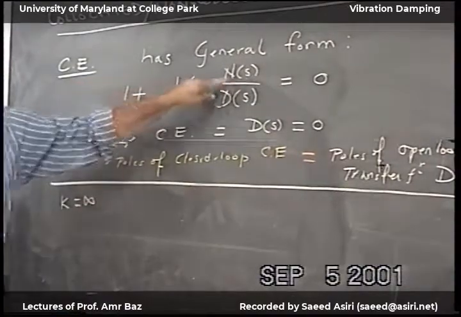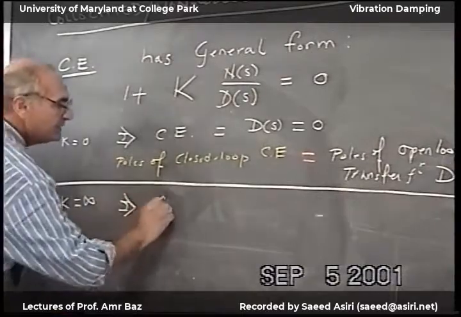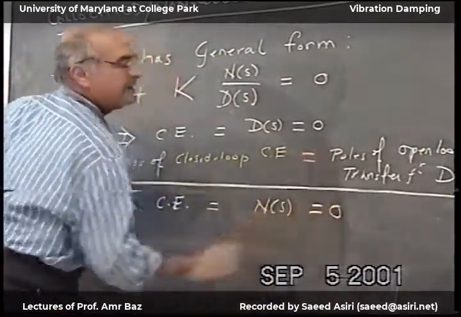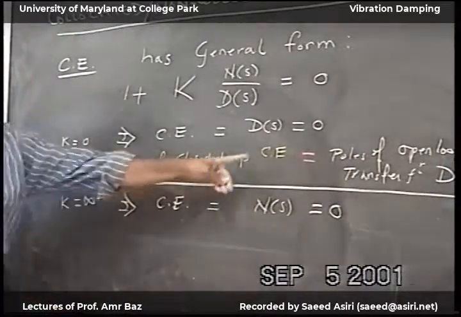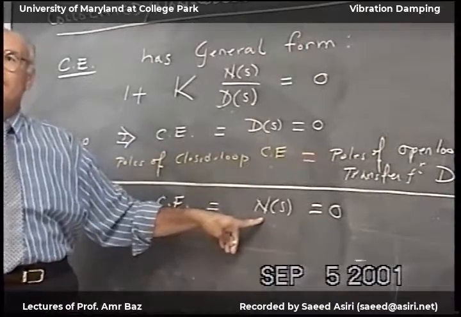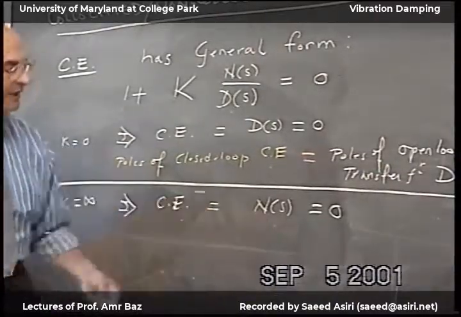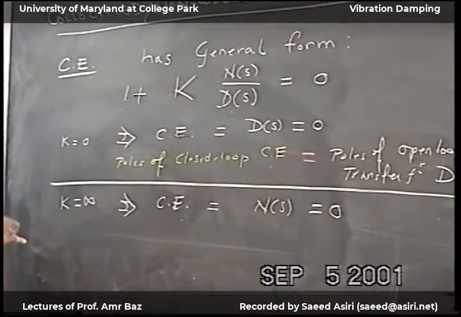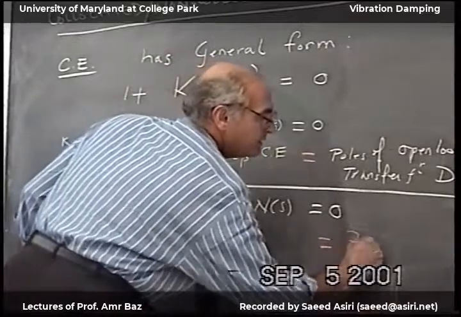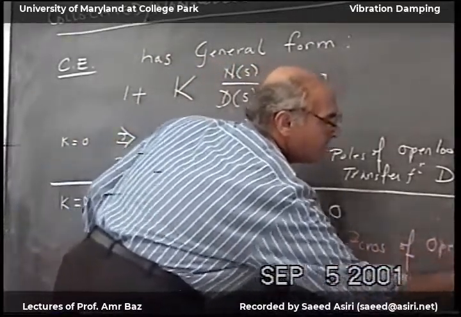This will cancel and the characteristic equation reduces to N(s). And similarly, the poles of the closed loop now will be equal to the roots of the open loop N, which are the zeros of the open loop transfer function.